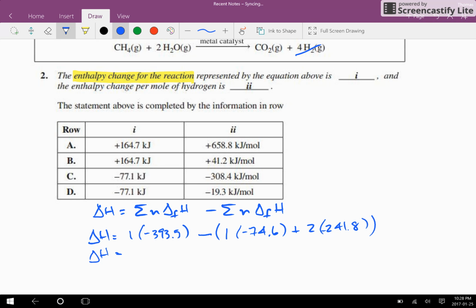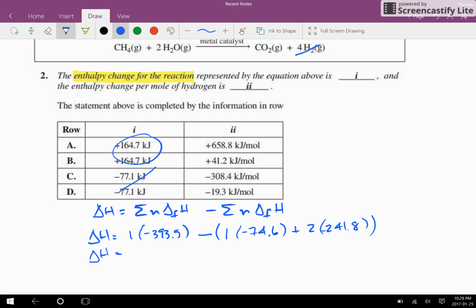Now, in our calculator, negative 393.5. And then we'll subtract and open the bracket, negative 74.6 plus 2 times negative 241.8, close the bracket, and we'll see that we get 164.7 kilojoules. So we can rule out these choices.